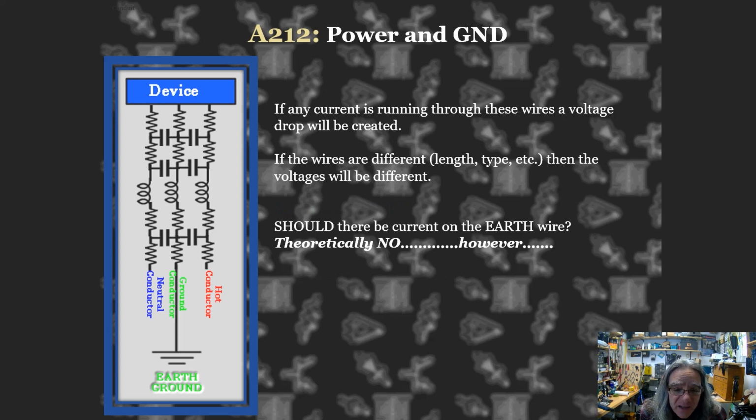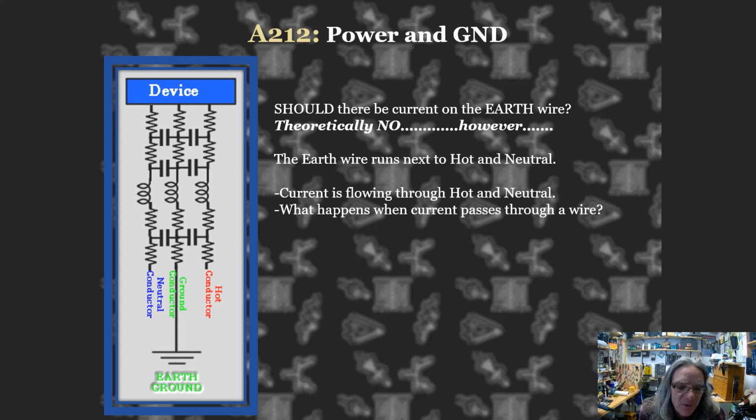Theoretically, we've talked about the only time there should be current flowing on earth is when it's protecting you from being electrocuted, or someone else. Something bad has happened. Earth is protecting people. So theoretically, there's no current flowing except in those cases. In those cases, I don't think we're going to be concerned about noise or anything that these issues might cause, because we're just trying to protect someone.